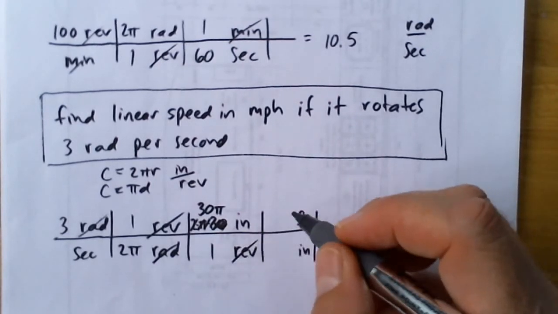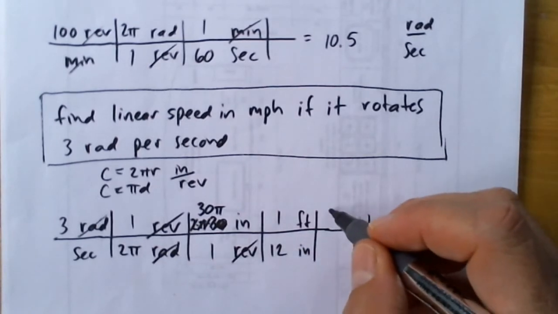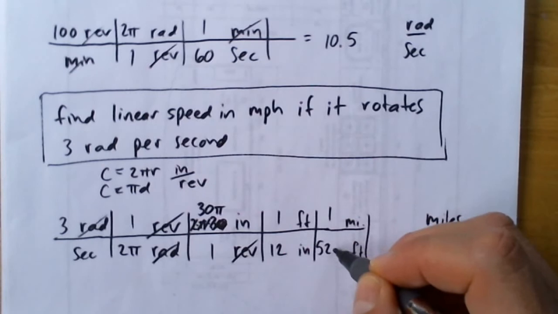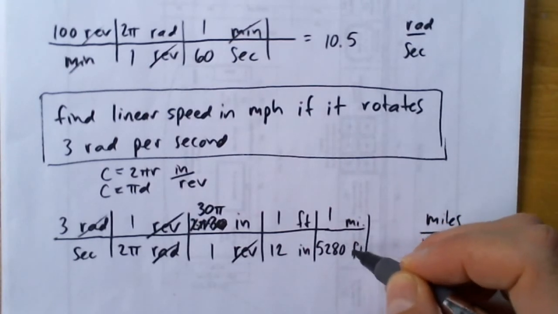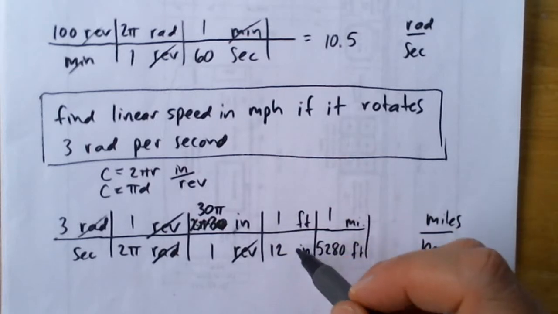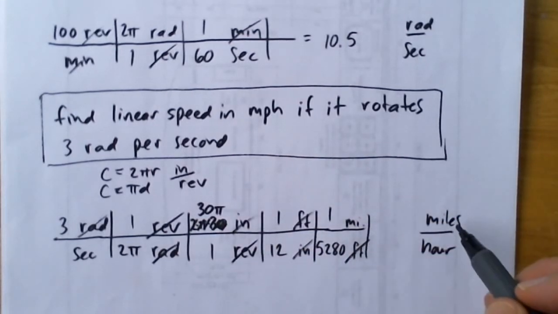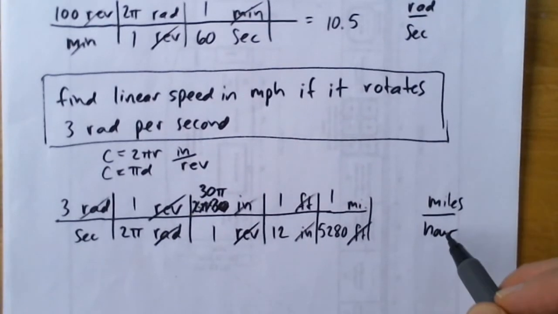To cancel the inches, we have 1 foot is 12 inches, and we have 1 mile is 5,280 feet. So you have to memorize that conversion. And then we've canceled the inches, we've canceled feet, we're left with miles, which we wanted, and now we need hours.